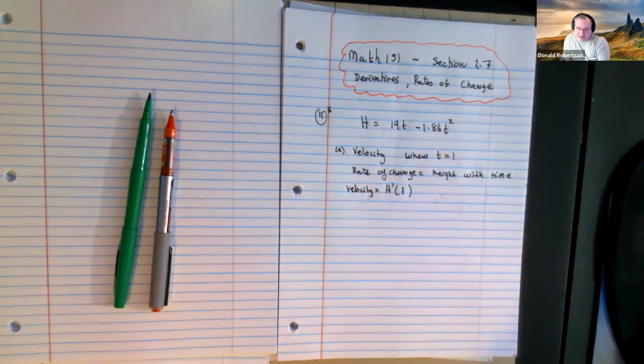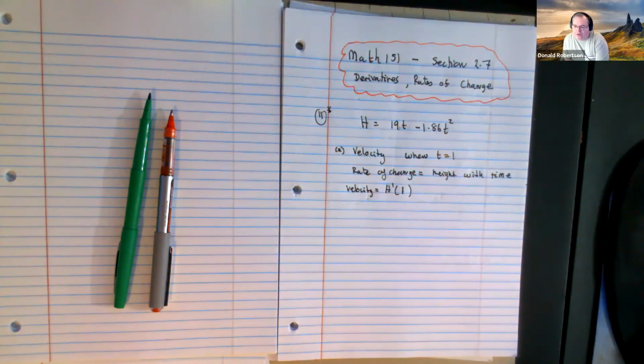Now, do you want me to do the h tends to 0 or the x tends to a? Since this is a quadratic, which of those two do you think is going to be less work? What was my advice when you were doing quadratics and polynomials in general?